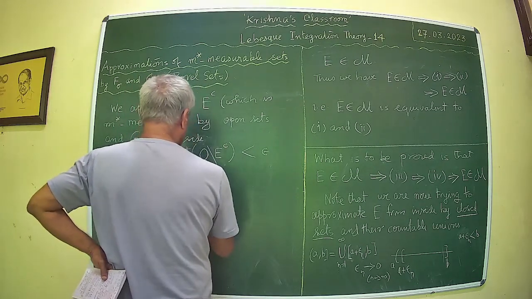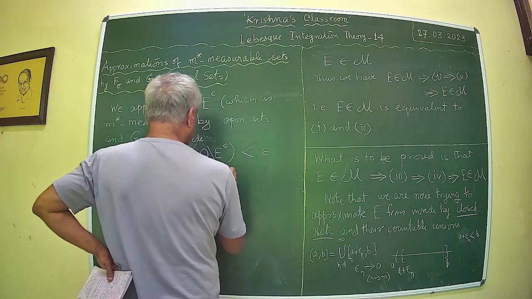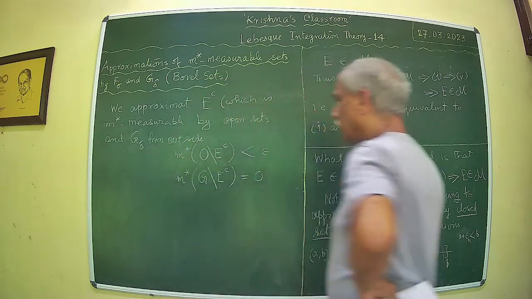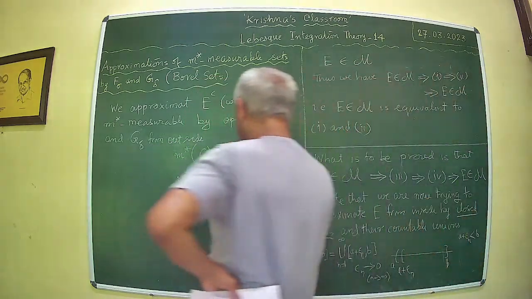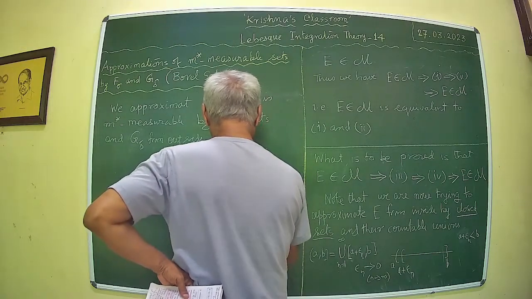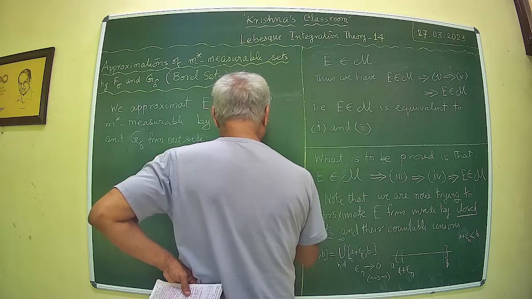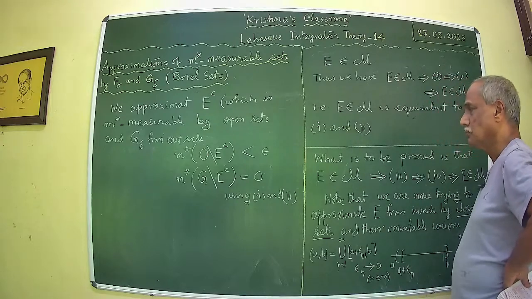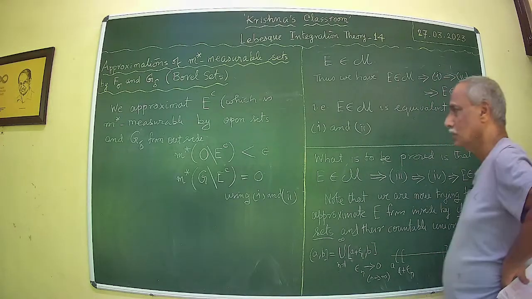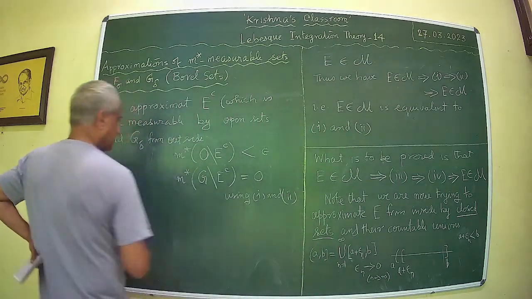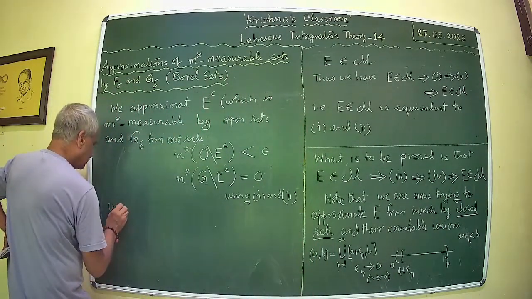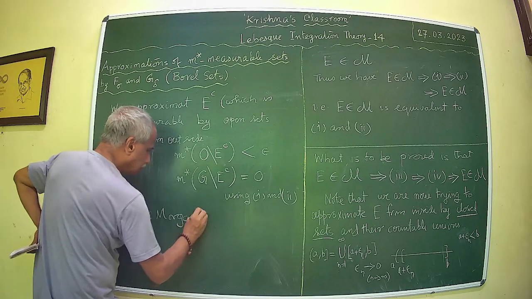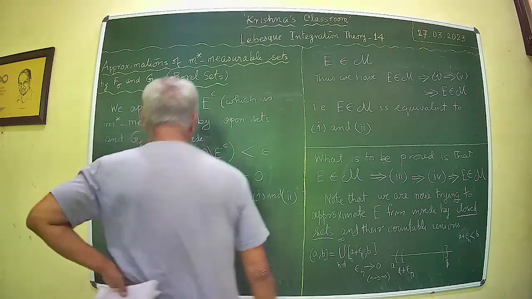Similarly, you have M star of G slash E complement equal to 0. So this is using 1 and 2. We are now working on E complement. Now what one does is use De Morgan's law.